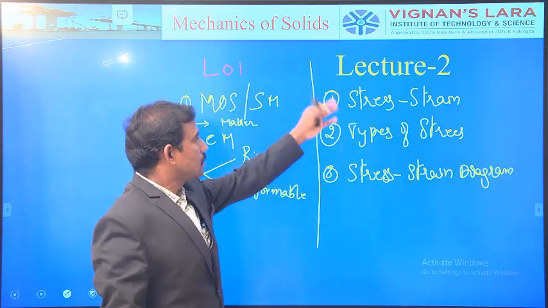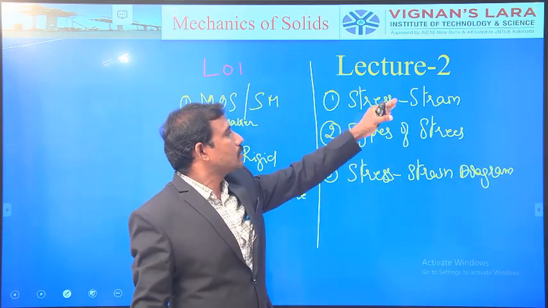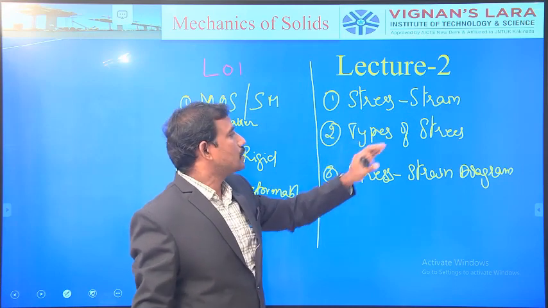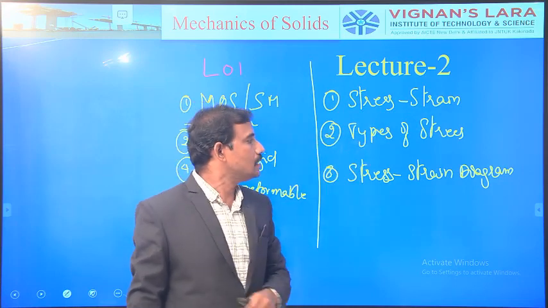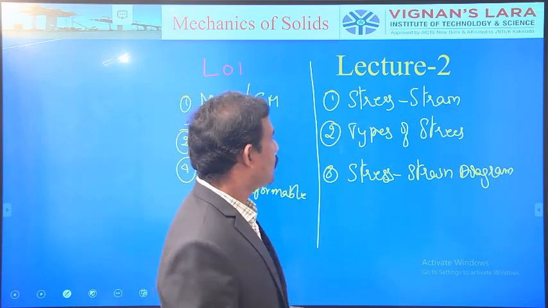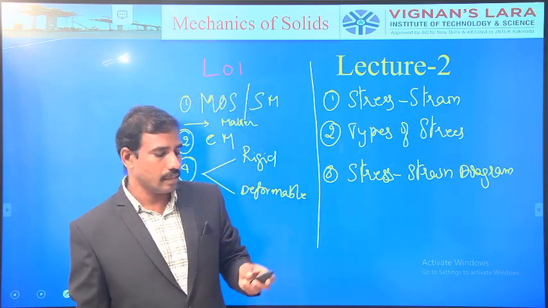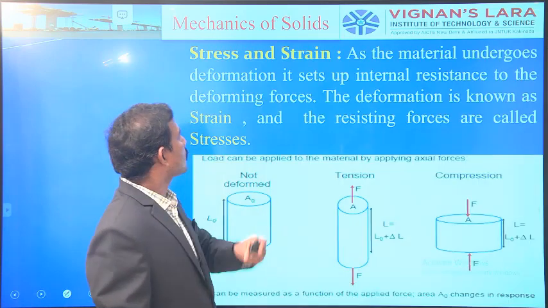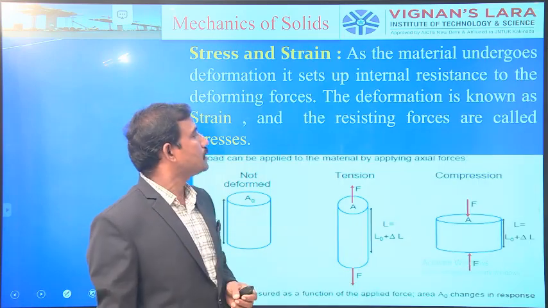So today we will discuss the concept of stress and strain and types of stresses, and the third one is the stress strain diagram to study the behavior of a ductile material by conducting an experiment. So let us see the stress and strain.